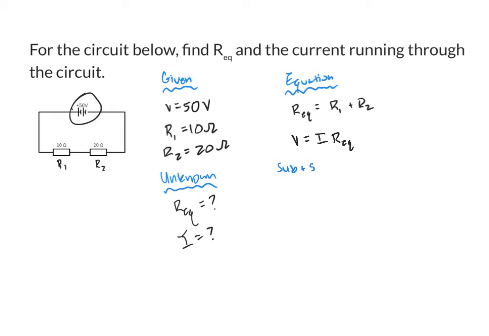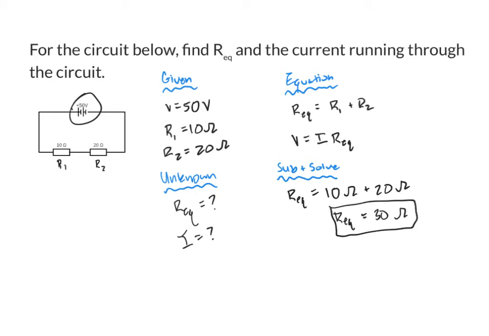So now I can move forward to my substitution and solution stage. I'm going to start by solving for REQ. Now I know that REQ is equal to R1 plus R2, so I'm going to plug those numbers in. So we've got 10 ohms plus 20 ohms, which gives us an equivalent resistance of 30 ohms. Now, plugging that into Ohm's law, I'm going to write 50 is equal to I times REQ, which I just solved as being 30.